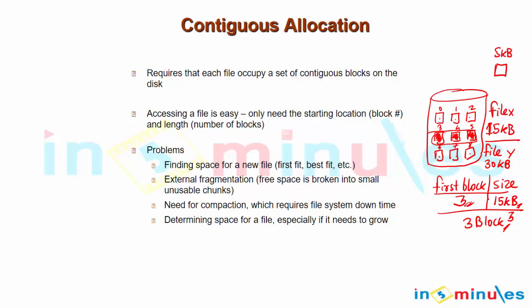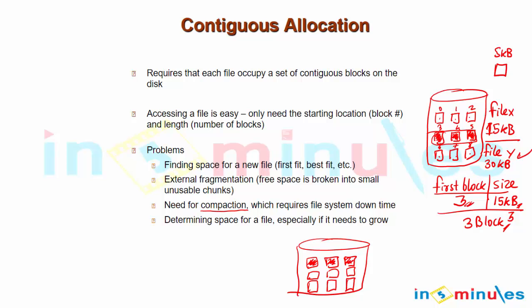Technically, all blocks which have data would shift up and all blocks which are empty would shift down. The basic advantage is keeping all data at one location and all free space together. Only after this can we store file Y of 30 KB.